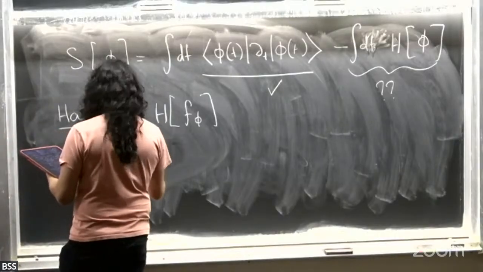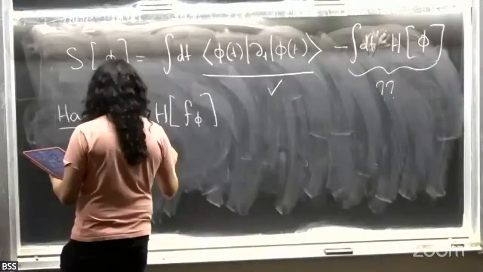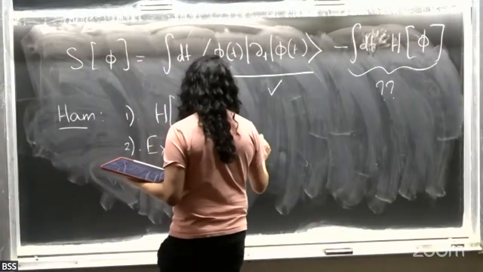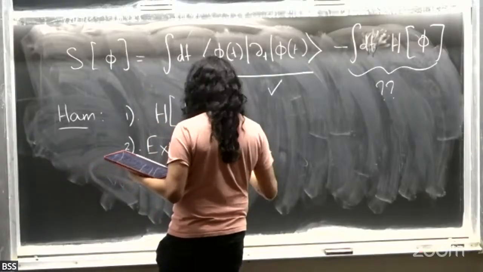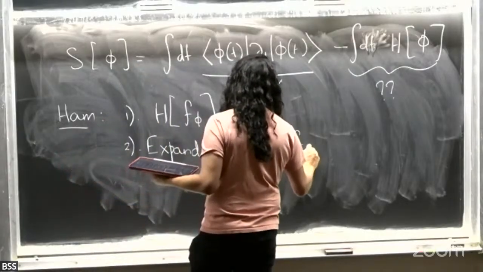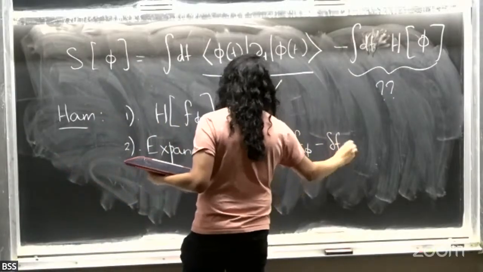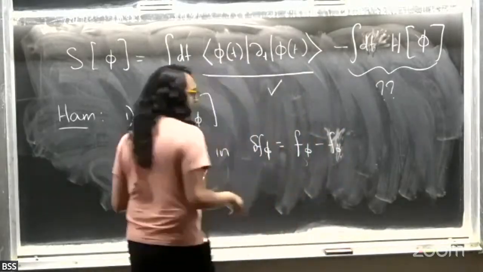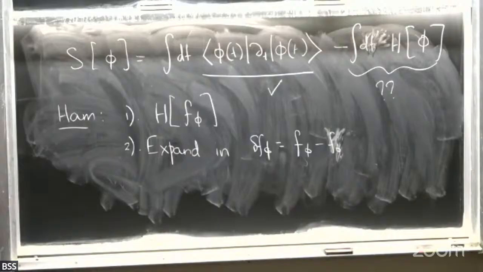Secondly, I'm going to expand in fluctuations around the ground state, because I'm only interested in low energy observables.